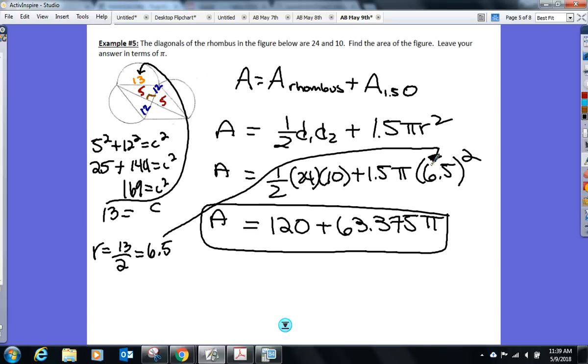Please realize when you find a side of the rhombus, that's a diameter of the circle, not a radius.